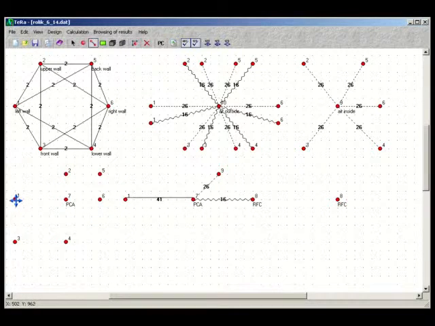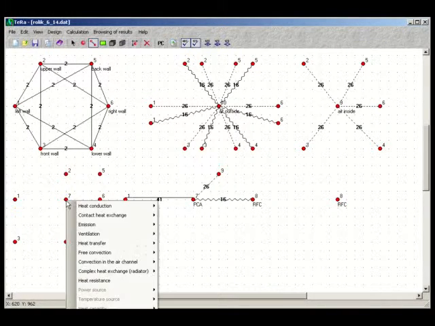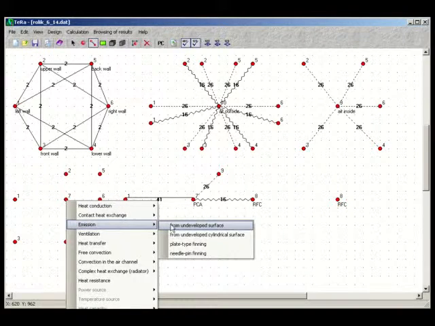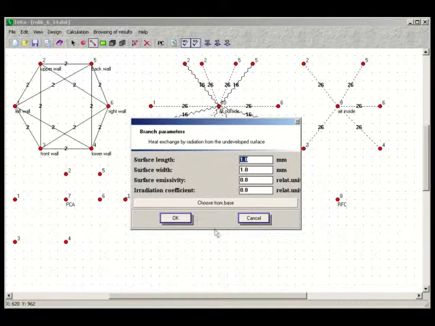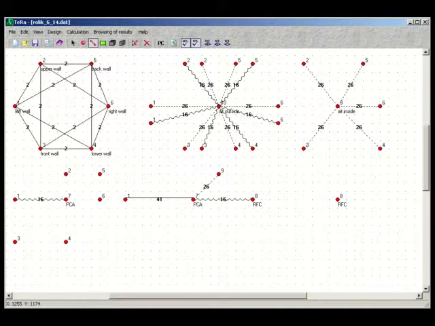Block 1 we connect with block 7 by the branch emission from the undeveloped surface. Parameter of the branch: surface length 300, surface width 200, and surface emissivity and irradiation coefficient are taken from the database. So similarly, we connect all the other walls of the box to block 7.